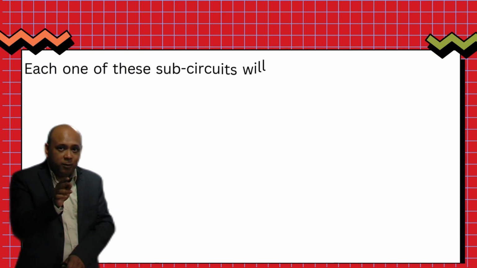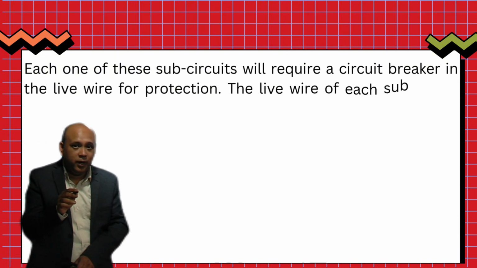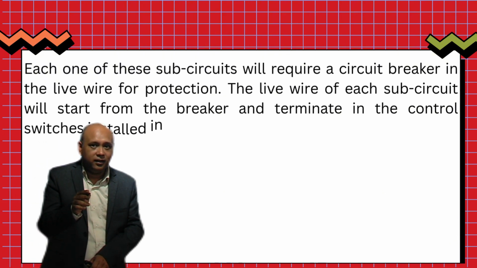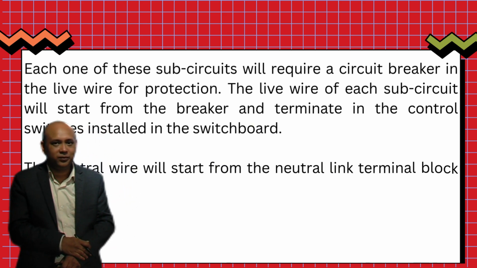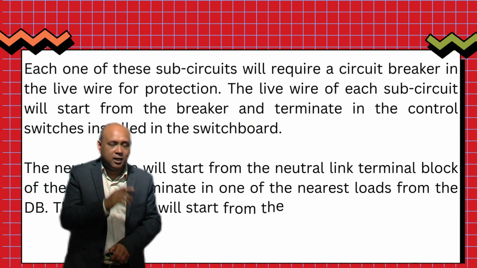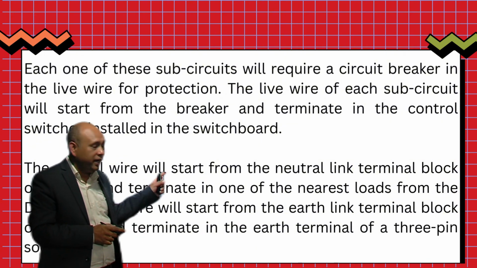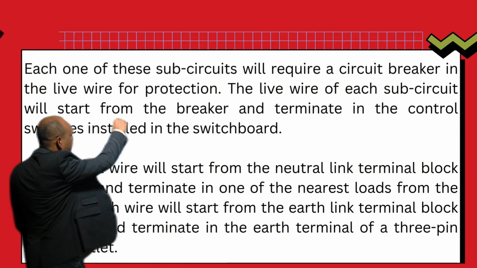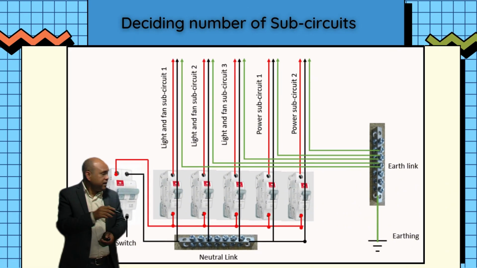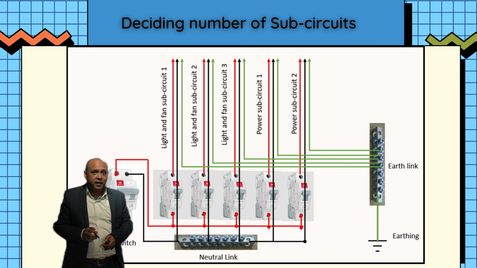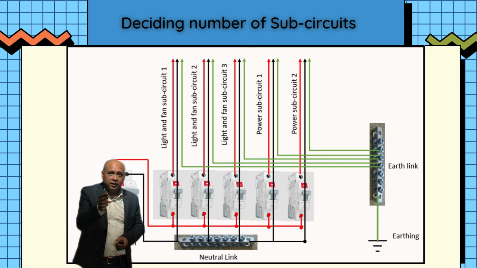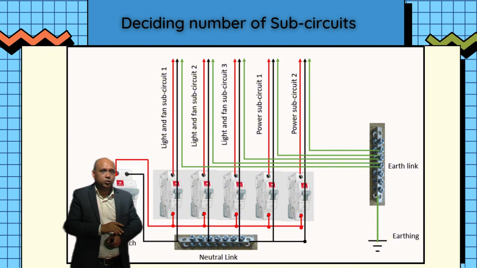Each one of the subcircuits will require a circuit breaker in the live wire for protection. The live wire of each subcircuit will start from a breaker. So here you can see that the live wire starts from a breaker and it will terminate in the switches that we have installed in the switchboard.